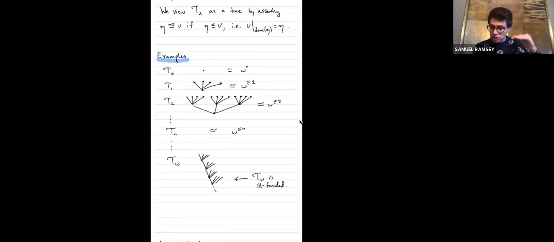I'm defining smaller functions. So I have the function defined on all of omega, and then the function defined on the segment starting at 1, and then the function defined on the segment starting at 2, and so on and so forth. Those are going down in the tree, and that's an infinite descending sequence. So that tells me that at infinite ordinals, I get ill-founded trees. I have trees that have infinite descending sequences with respect to the tree partial order.